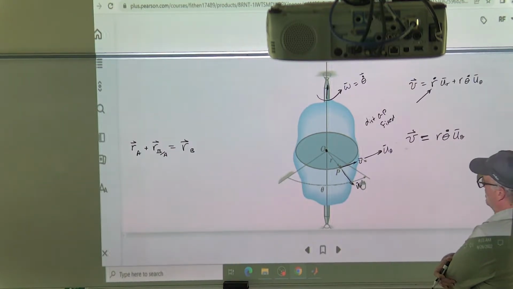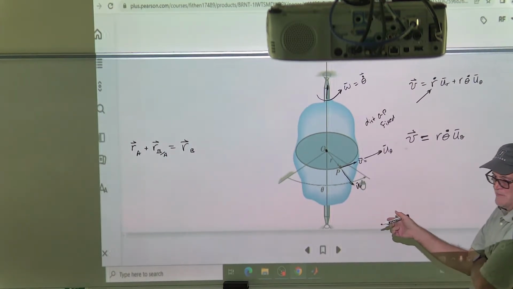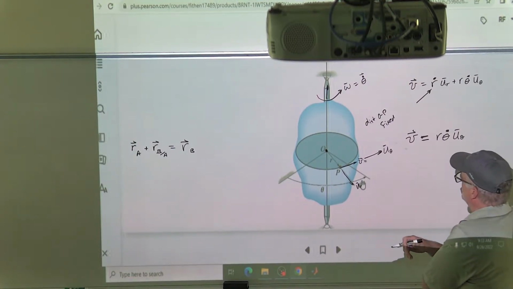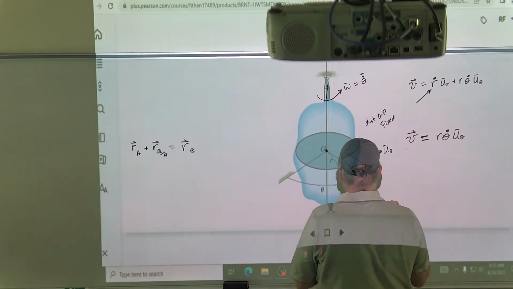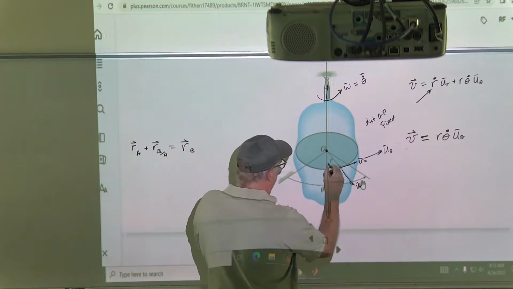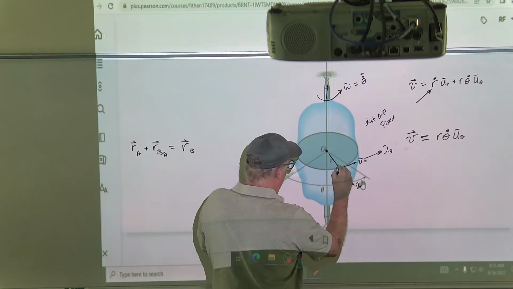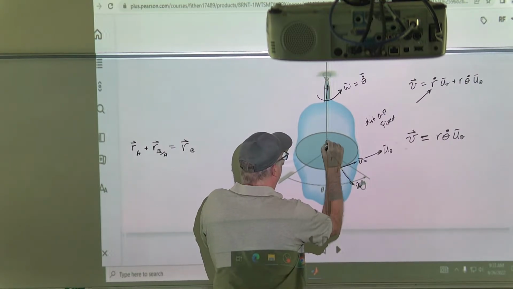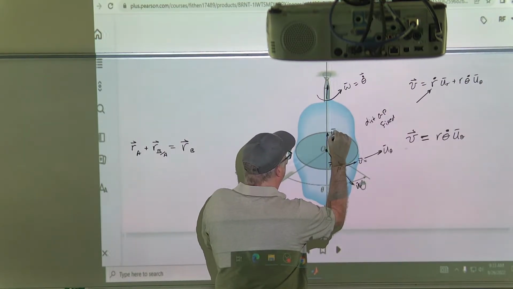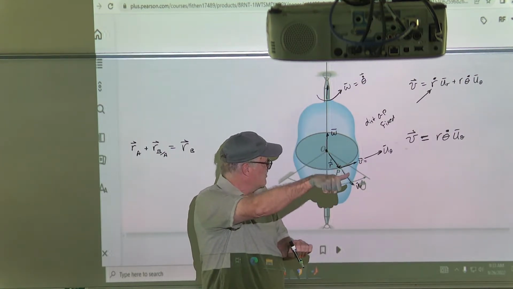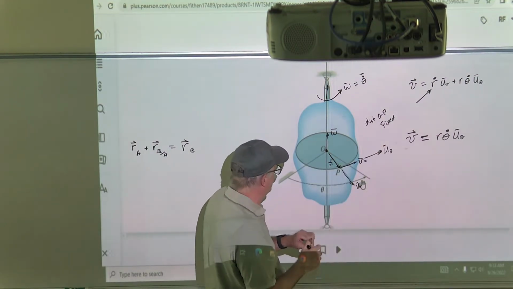Now I want to throw a curveball at you that's going to come maybe in 2 or 3 pages, and that is, if you take this vector, okay, let's look at this. You've got a vector r. It's just a simple vector. Then you have a vector omega. It's a vector like this. You take omega cross r, it goes in that direction.